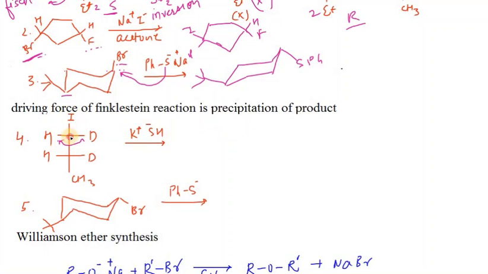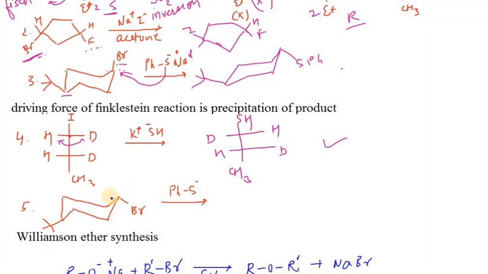Only this carbon is affected by the SN2 mechanism, and the other configuration is not affected. So if we exchange this once, we are changing the configuration. Now here if we apply SH, that will be the correct answer.